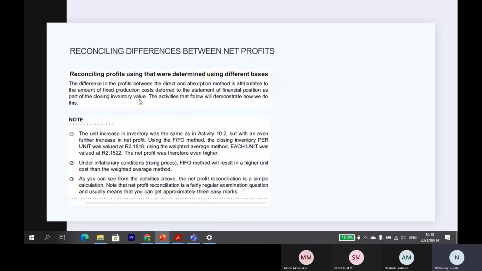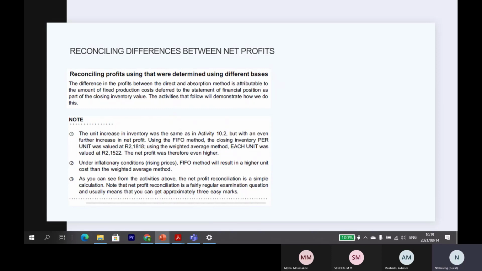Remember when I was telling Mpo that for closing inventory, we are taking it to the balance sheet, if you think about it, because you are reducing your cost by that closing inventory. So the difference between your direct and your absorption is that under absorption, there's a fixed cost in that closing inventory.